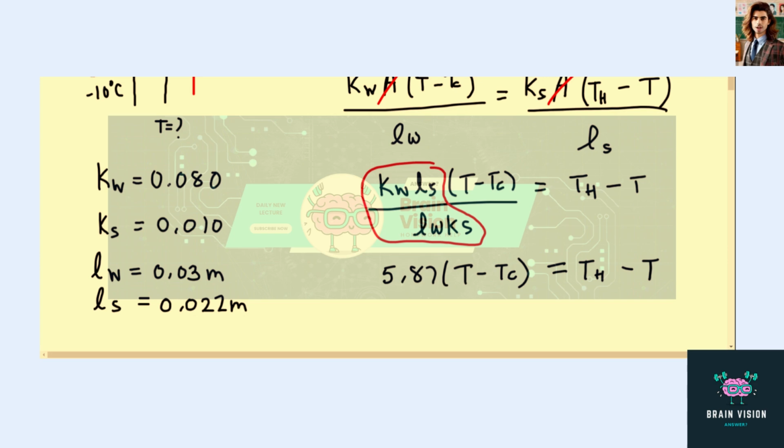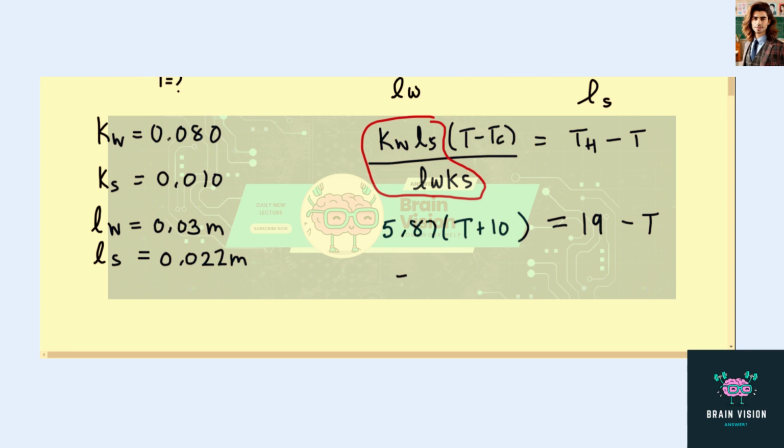Let's fill in those temperatures. T cold was minus 10, so that becomes a plus 10. And then TH is 19. Now we just need to solve this. I'm going to expand out this bracket and collect like terms.